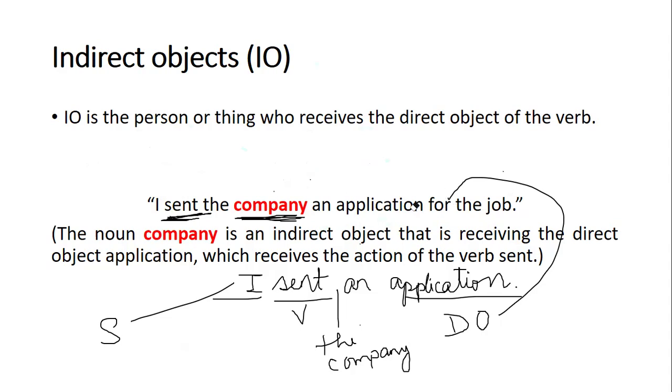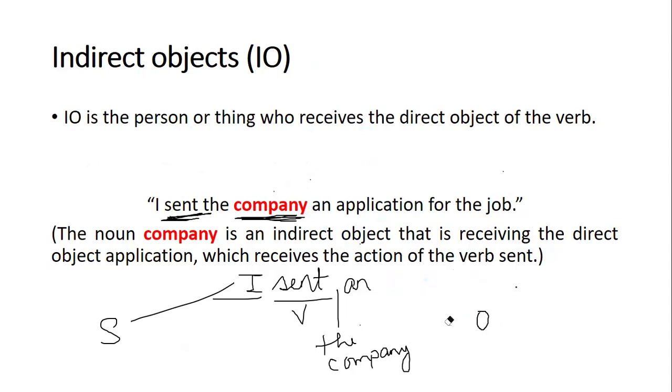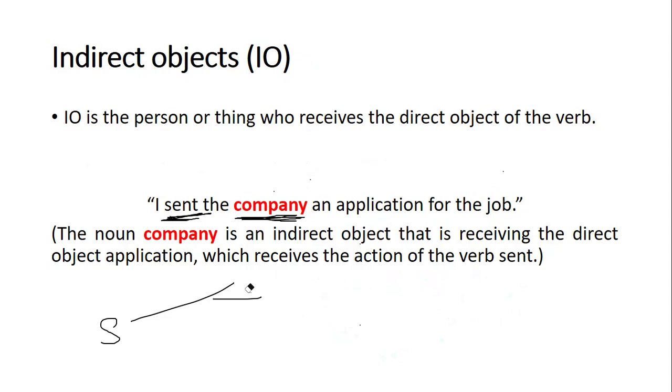You should first find out the subject. Next, find out the verb. Then find out the direct object. Then find out the indirect object, right?